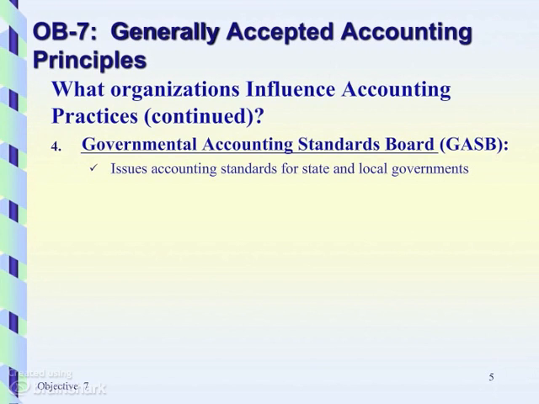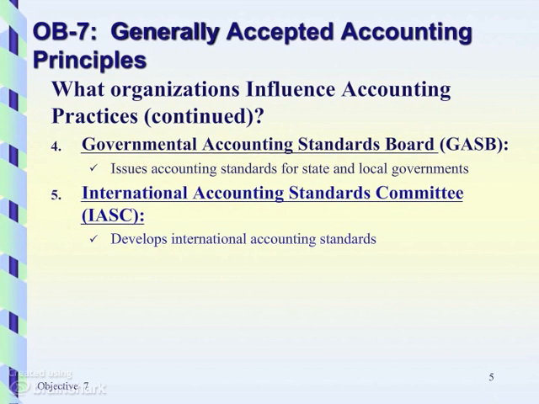Additional entities that influence generally accepted accounting practices are GASB, the Governmental Accounting Standards Board. It's very similar to FASB, but they focus on issuing proclamations relating to state and local governments. Another group is the International Accounting Standards Committee, the IASC.